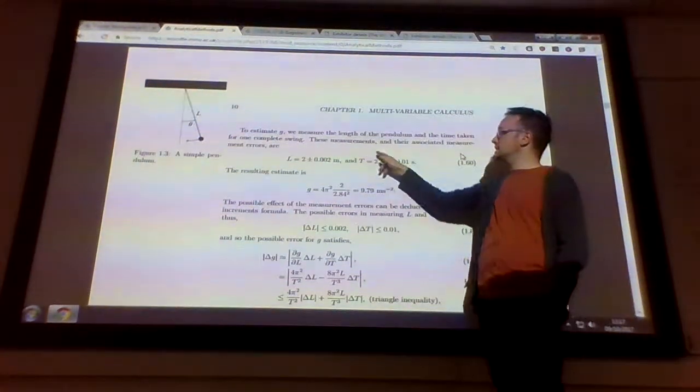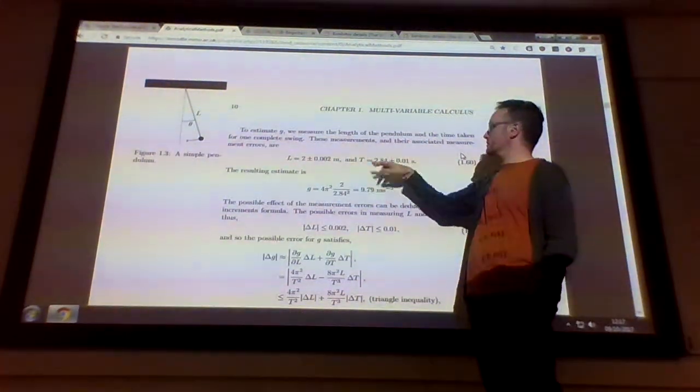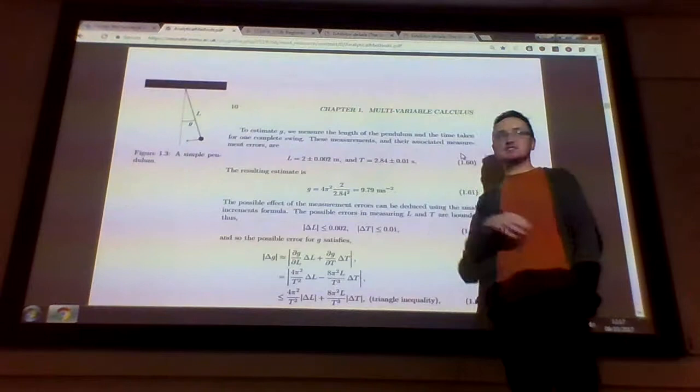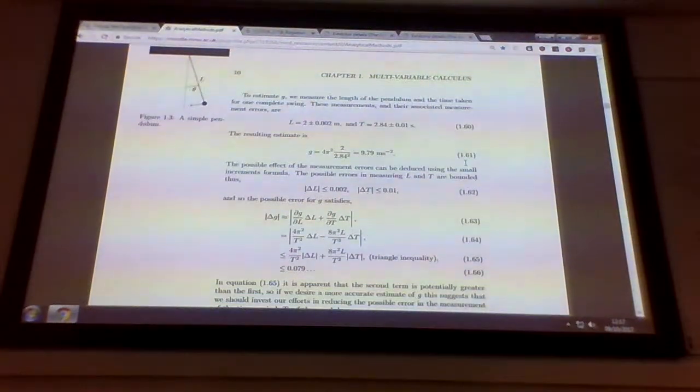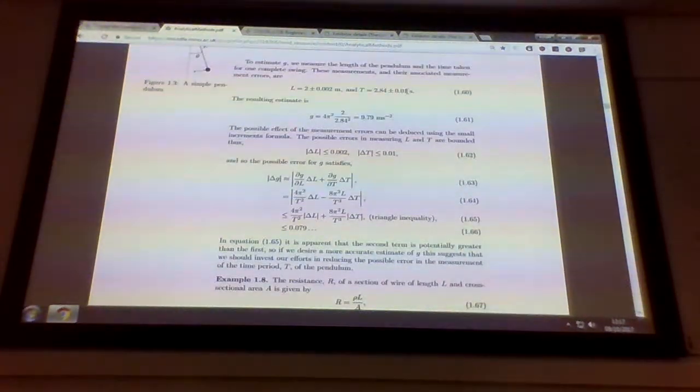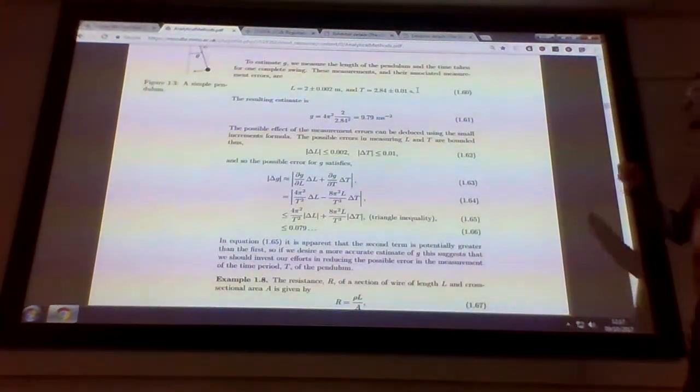And similarly, we take that the time period for one complete swing is 2.84 seconds, but plus or minus some kind of error of a 100th of a second. And by applying the small increments formula to this, we can work out, if those are the errors associated to the measurements of L and T, what would be the associated error we should attach to our estimate of G.